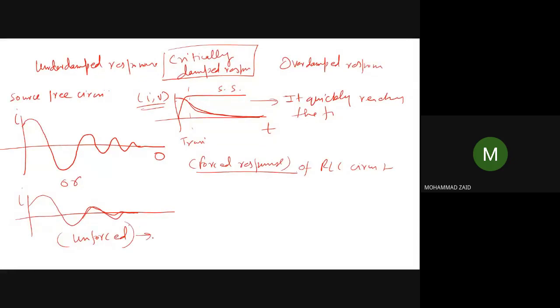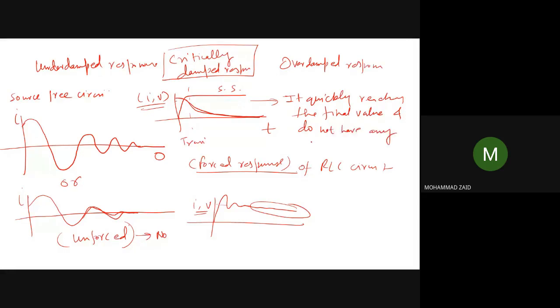And if it is forced, that means some external source is there, then it will settle down to some value of current. So I was talking about the critically damped response. It quickly reaches the final value and does not have any overshoot.